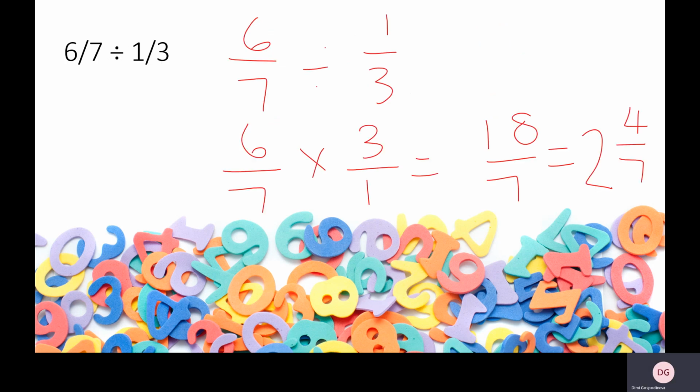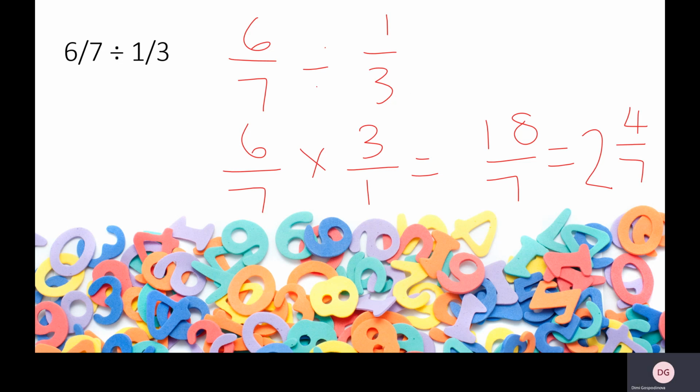And how do we divide? With division, we would use the so-called KFC acronym so that they remember. So we say that we keep the first fraction 6/7, then F is for flip. We flip 1/3, and that becomes 3/1. And then actually, instead of division, we'll use multiplication.